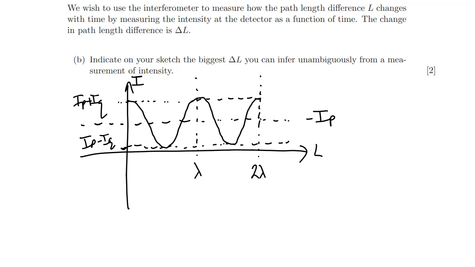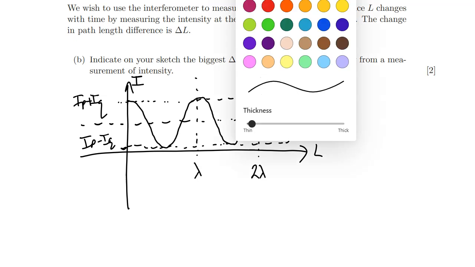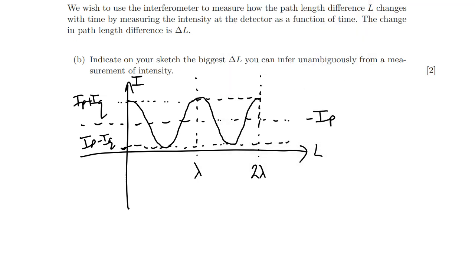So here we have the intensities, and you should be able to see that the biggest change in intensity we can see, I'm going to mark this on the graph, so the biggest delta L will be when we have the biggest change in intensity that we can measure.